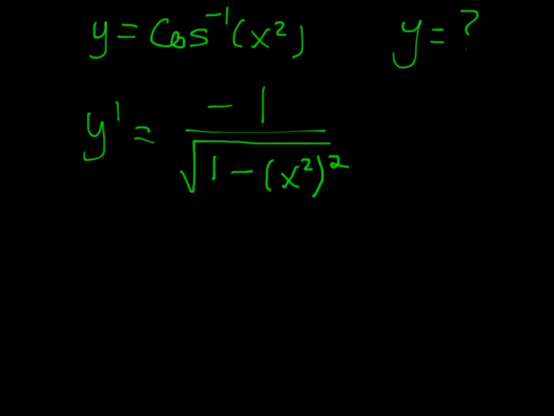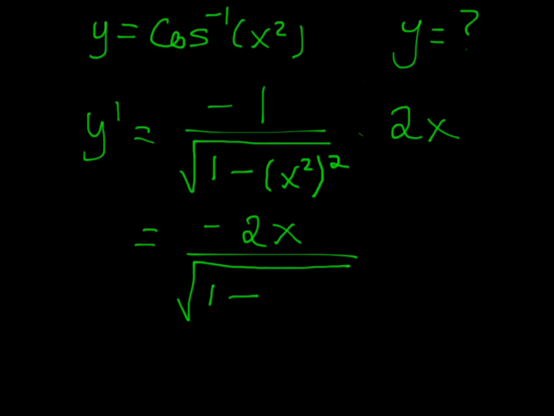And then times u prime, well, that's just whatever the derivative of x squared is, so that's 2x. So we end up with negative 2x all over the square root of 1 minus x to the 4.